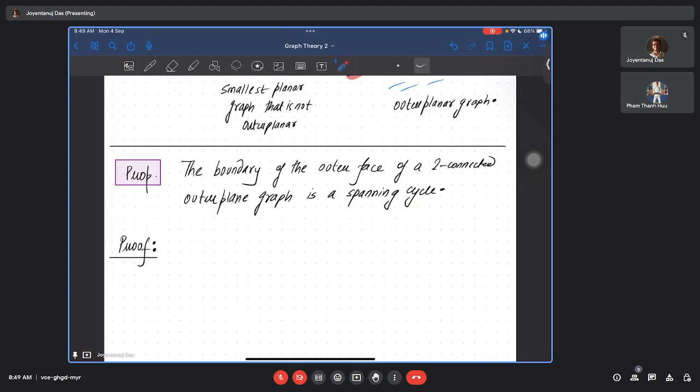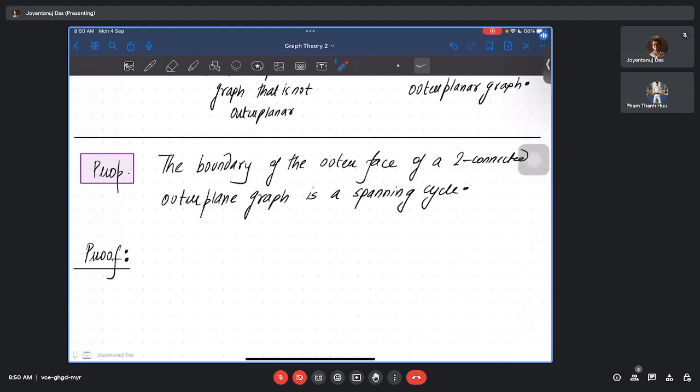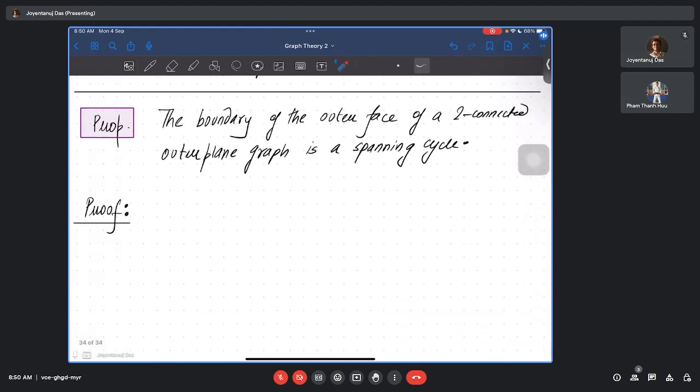First of all, it is clear that it is spanning, because since the graph is outerplanar, all the vertices lie on the boundary of the outer face.